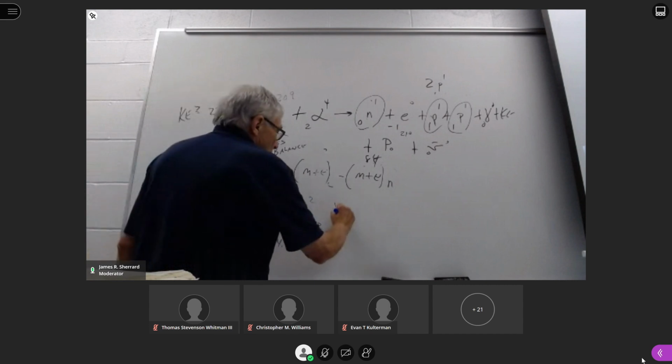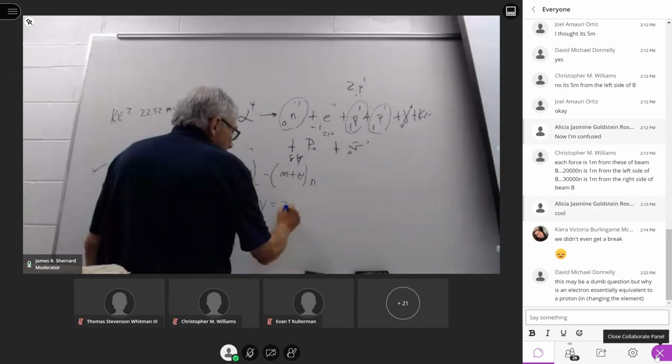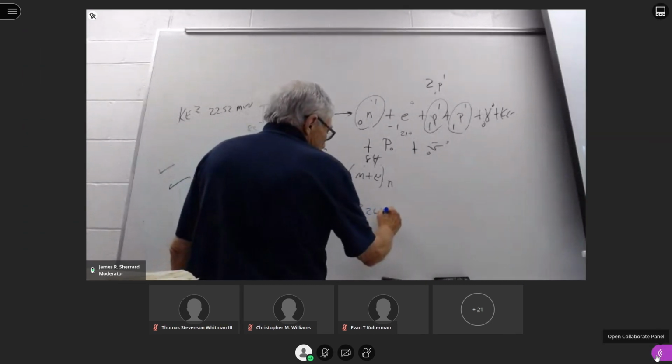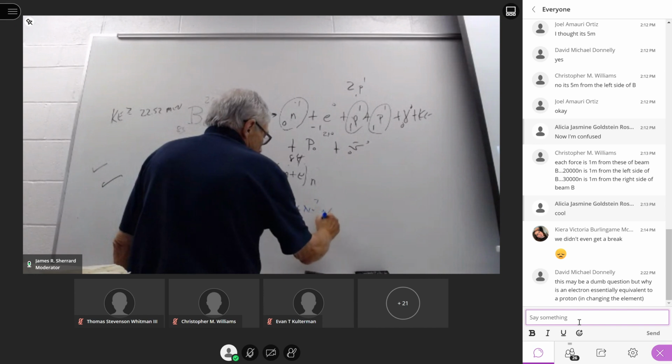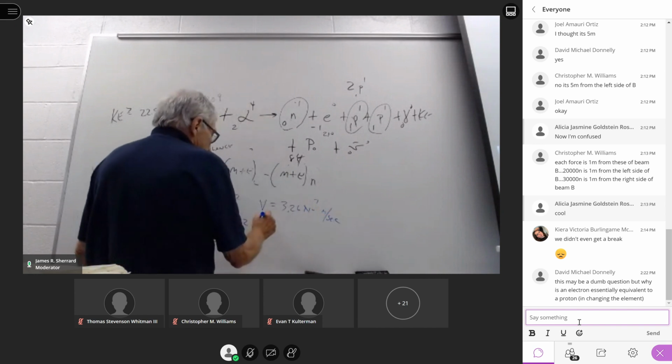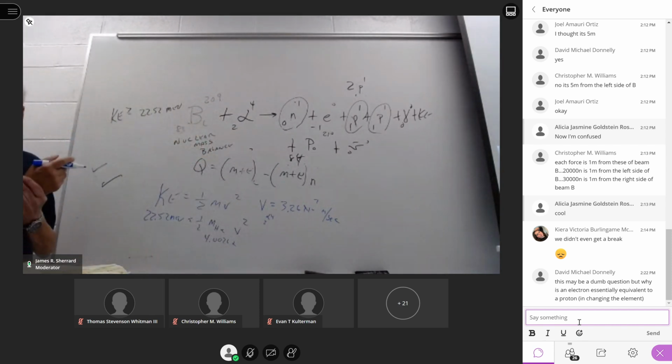And the answer I came up with was that the velocity was 3.26 times 10 to the 7th meters per second, and this is the velocity of my alpha particle. Again, that was strictly extra credit.